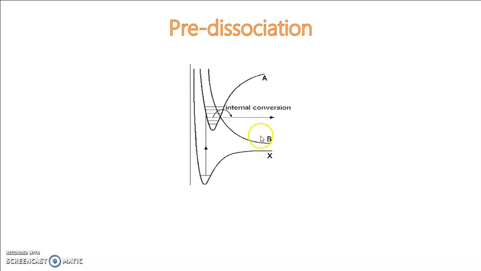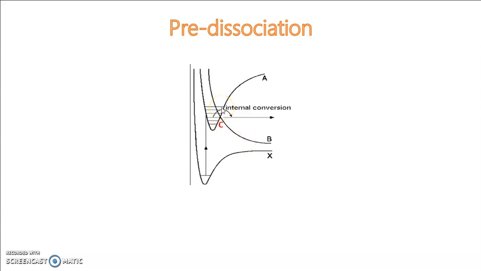In this case, the molecule may also get dissociated if it is excited to a level below the plateau of A. But at the point C, where the potential energy curves A and B cross each other, at an internuclear distance corresponding to this point C, the molecule may undergo a crossover from one state to the other without energy change and continue to dissociate.